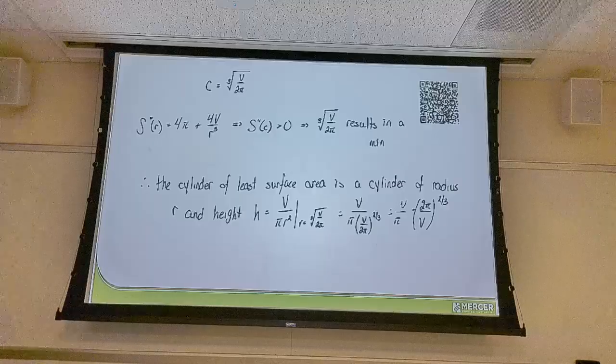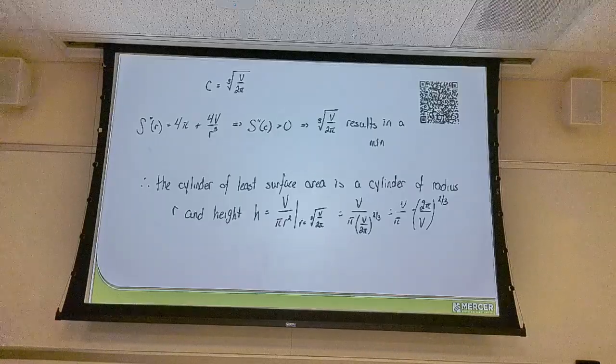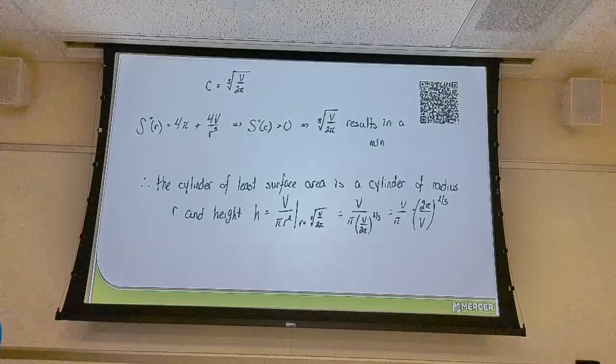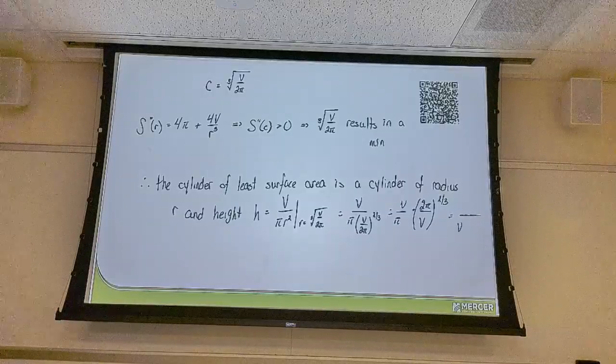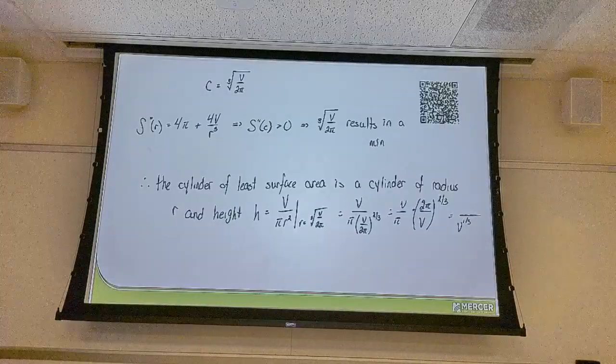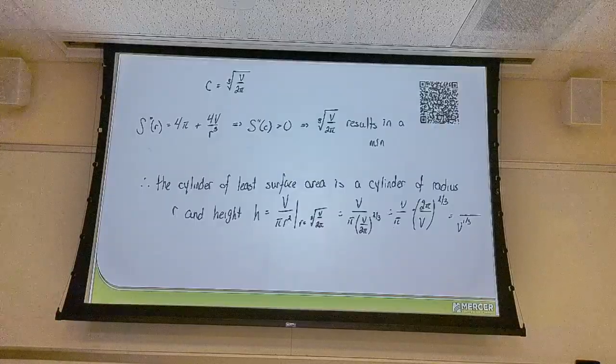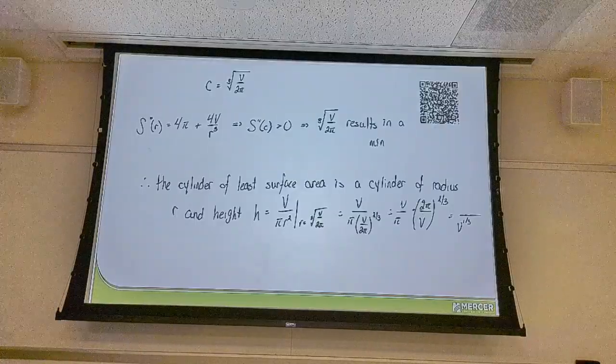One over V cubed, right? Or not V cubed, cube root of V. Work this out, and get pi to the 1/3 in the numerator.